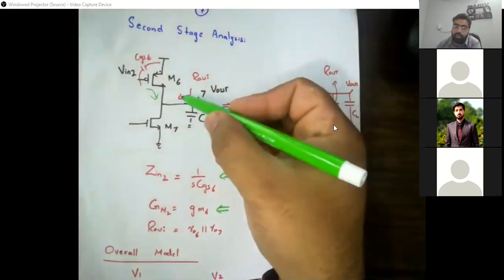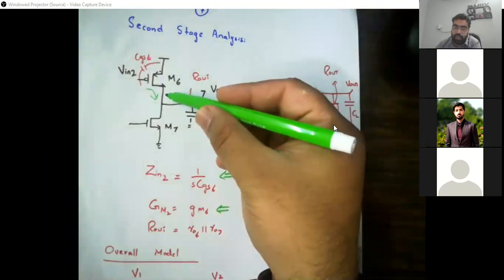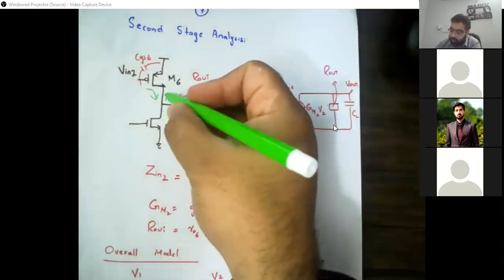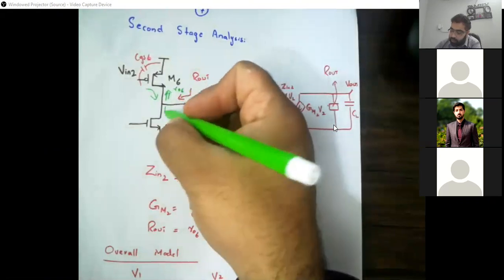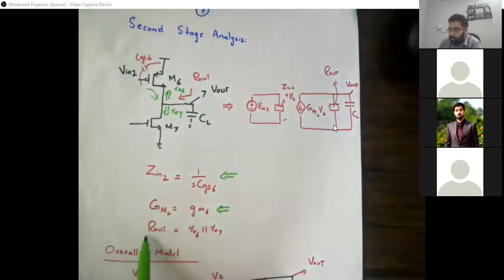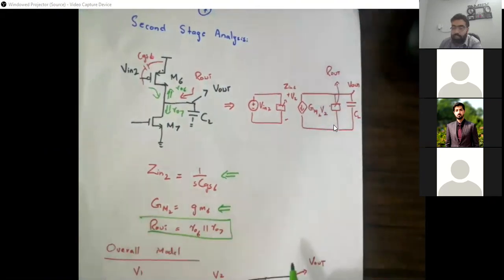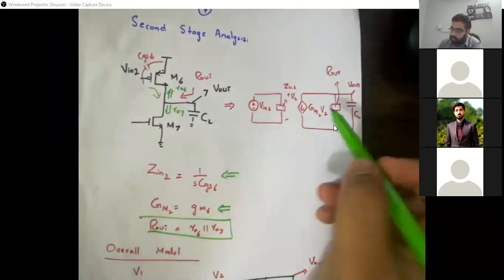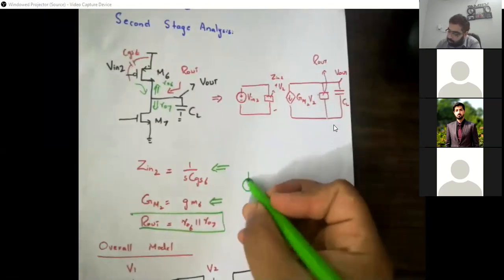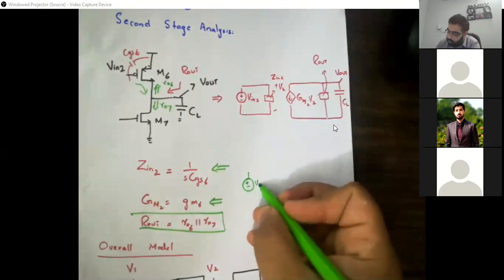If we talk about R out, we have RO6 here, and this RO6 will be in parallel with RO7. From here it is RO6 and from here RO7. So we have RO6 in parallel with RO7. We can directly draw this as a model and place in the values for our simplification, that V2 will be there.